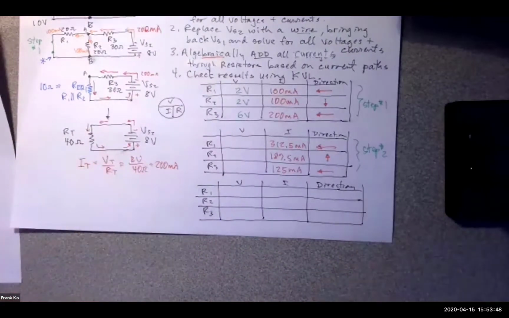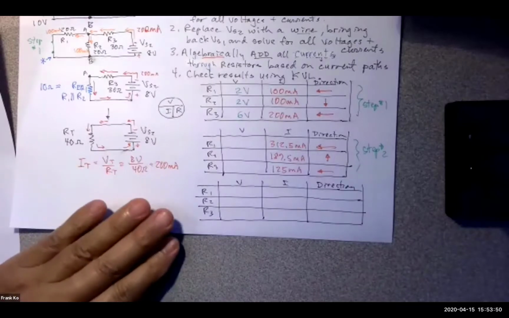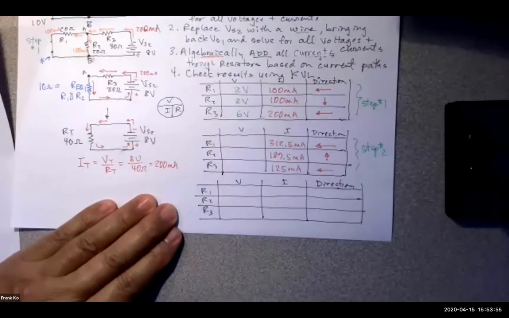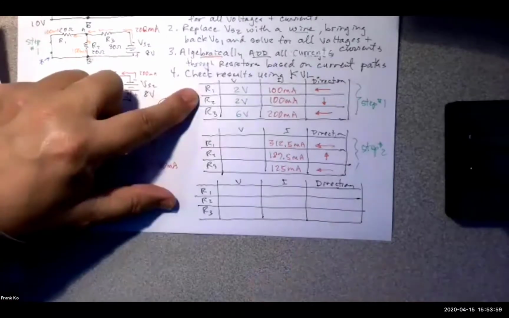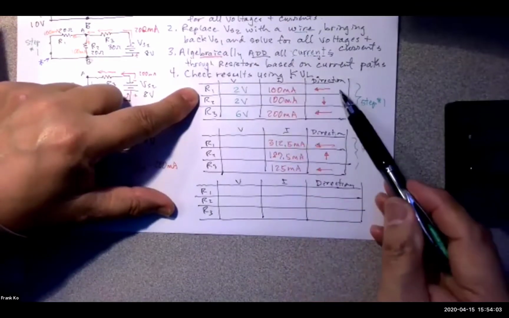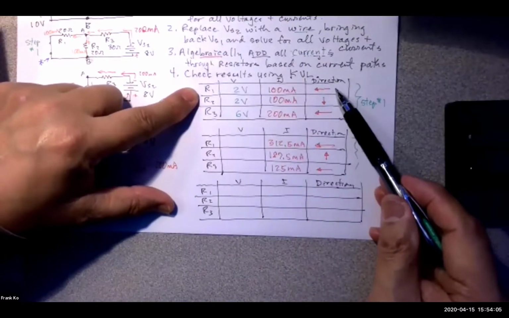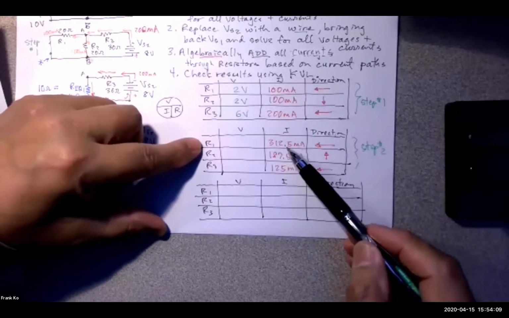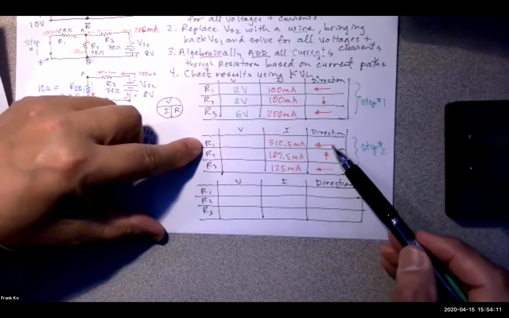Okay, this is our moment of truth. Take a look at what's happening with R1. In step 1, R1 has a current of 100 milliamps flowing to the left. In step 2, R1 has 312.5 milliamps flowing in which direction? To the left. Are both of these moving in the same direction?